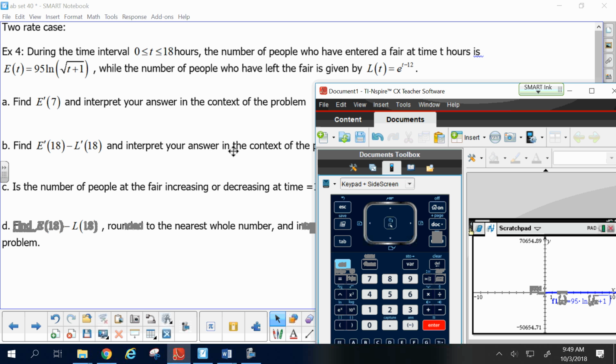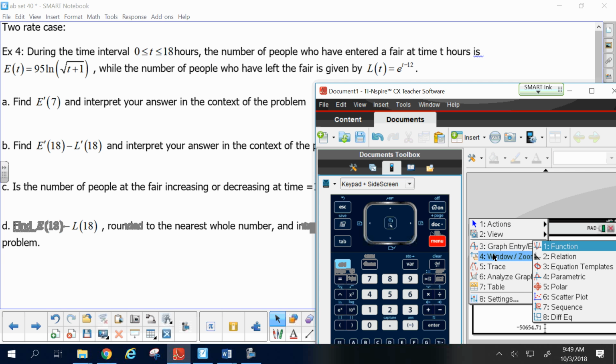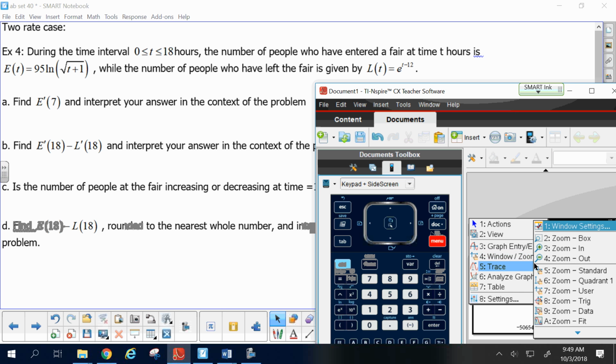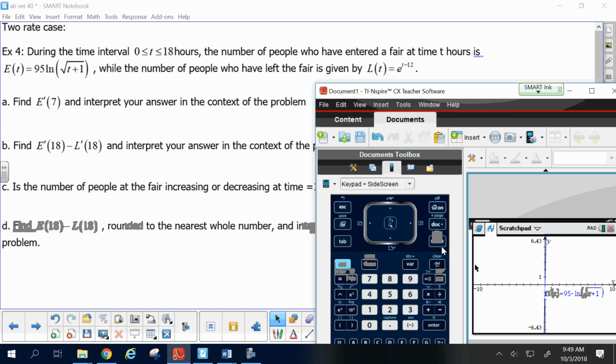No wonder it's so small. Okay, I'm going to set my window back to a standard window until I know what's going on. That's also terrible. I guess I'll work that out in a second. Give me a minute. All right, e to the, does that say t minus 1.2 or 12? 12? Thank you.